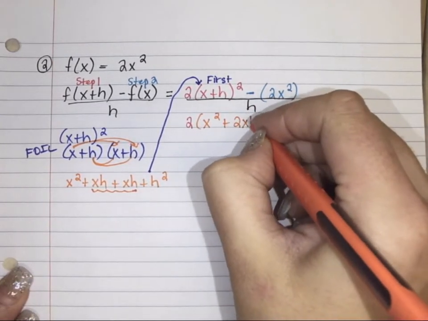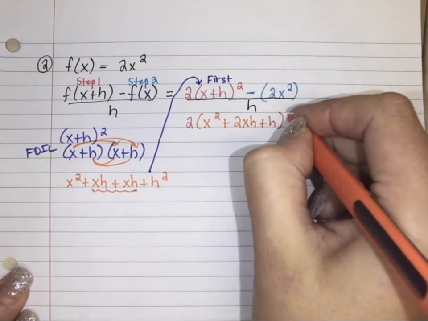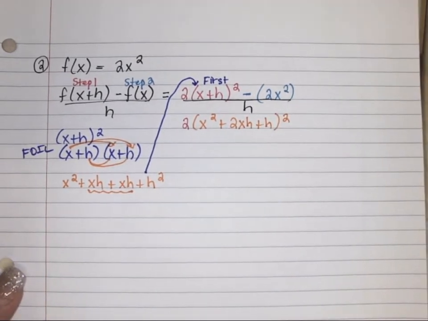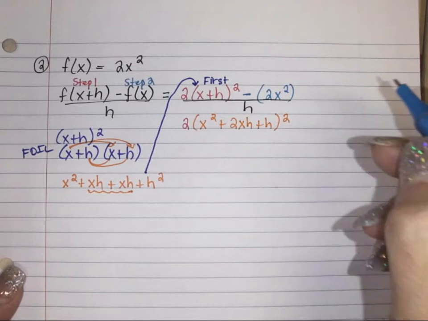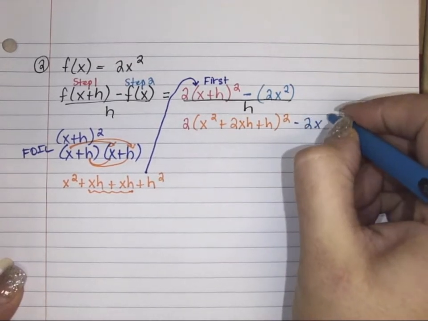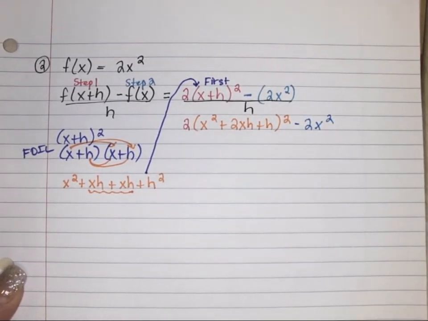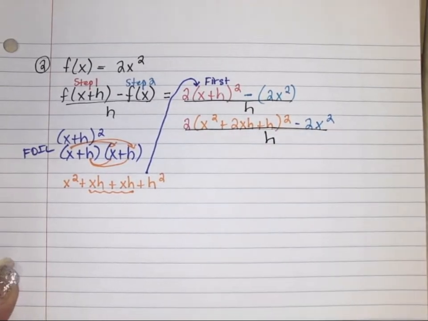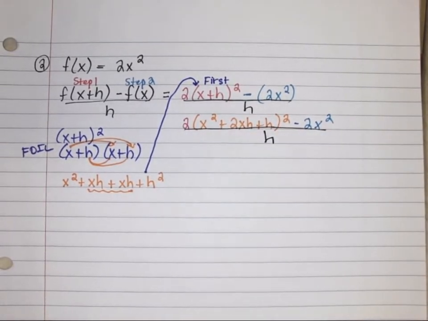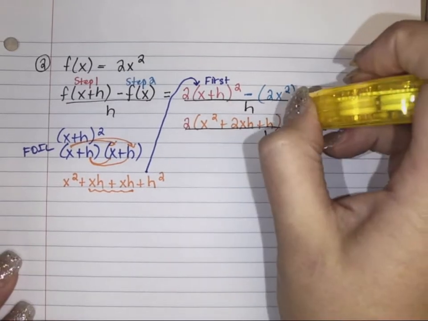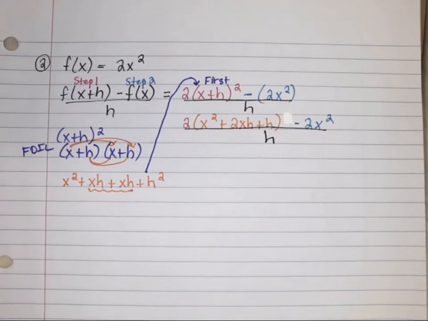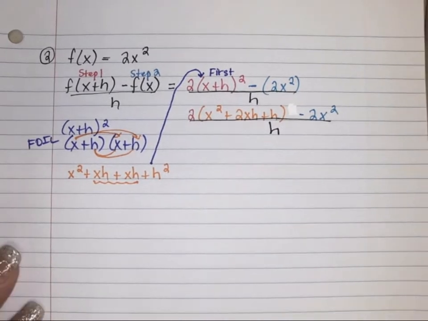So plus 2xh plus h squared, minus the 2x squared at the end, all over h. Oops, did not mean to write that again. We've already squared it, thank goodness. Thank goodness we don't have to square that.